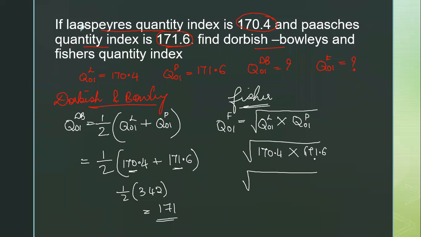What is the value you get when you multiply? You are getting 29,240.64. When you take the square root of this value, you get 170.99. That is equal to 171. So like this you have to calculate. Hope you are understanding how to calculate like this.